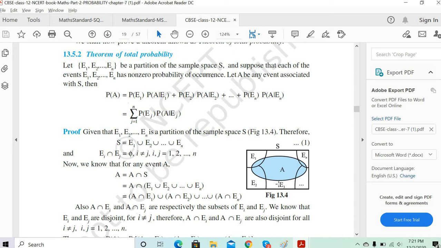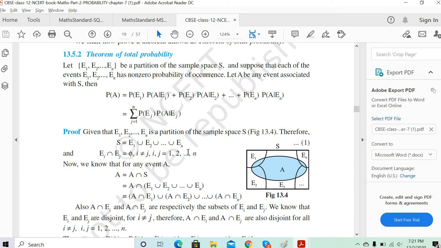As per conditional probability, you knew already that probability of A will be given as the event E1 happened, that means P of E1 into P of A when E1 happened. So A slash E1, correct? As per the conditional probability we discussed. So instead of one event, we have n number of events.